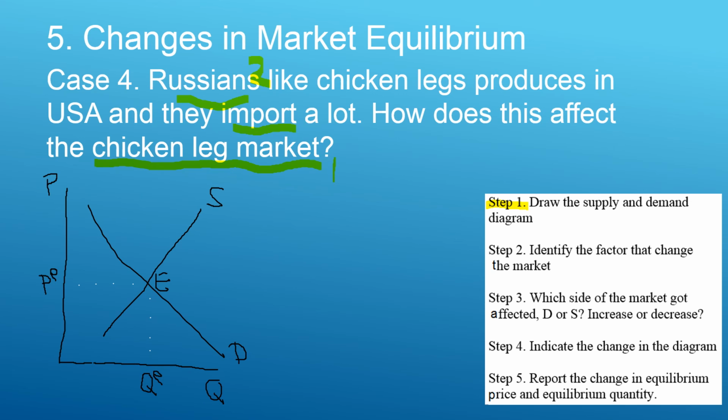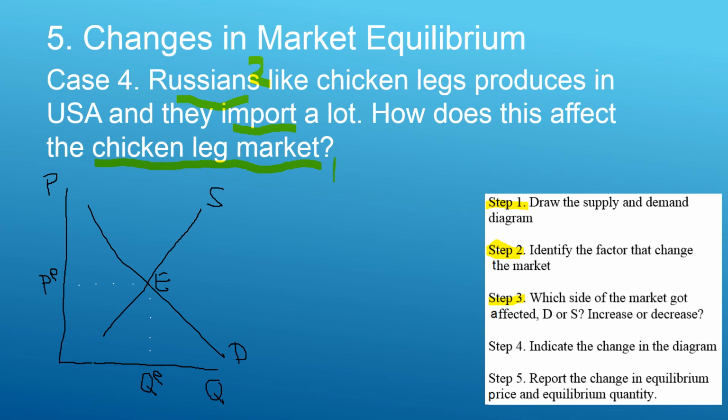Okay, so this is step 1. Alright, step 2, identify the factor that changed the market. Alright, so the Russians purchase chicken legs from the US. That is number 2.